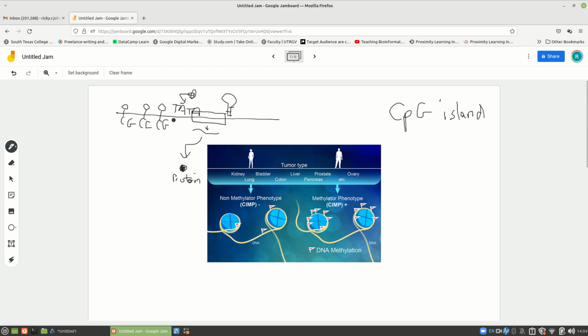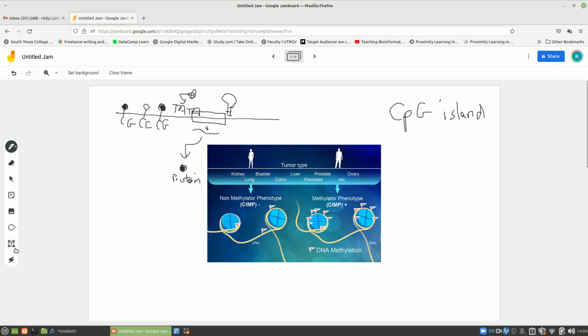And if they have the lollipop sticks and they're clear, then they're not methylated. And methylation is just adding a CH3, a carbon and 3 hydrogens, onto the C. And if they get methylated, where you add the CH3, we color them in. So they color in the lollipops, and they are now methylated. So these two are methylated.